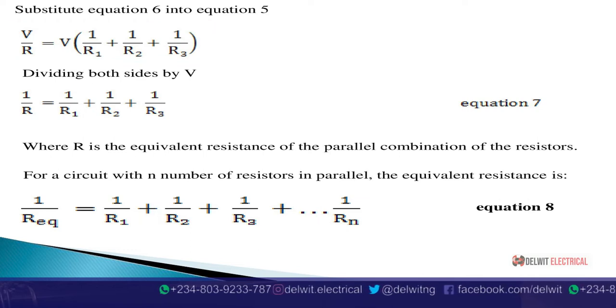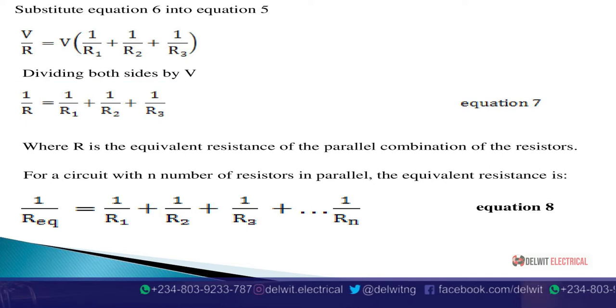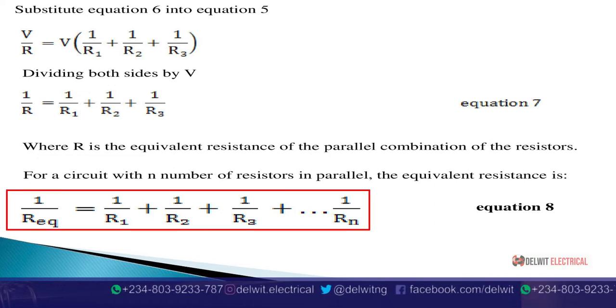If we divide both sides by V, we have 1 over R equals 1 over R1 plus 1 over R2 plus 1 over R3. Invariably, R is the equivalent resistance in a parallel combination of resistors in a circuit. So if we have n number of resistors in parallel, 1 over R equivalent is equal to 1 over R1 plus 1 over R2 plus 1 over R3 plus up to 1 over Rn.